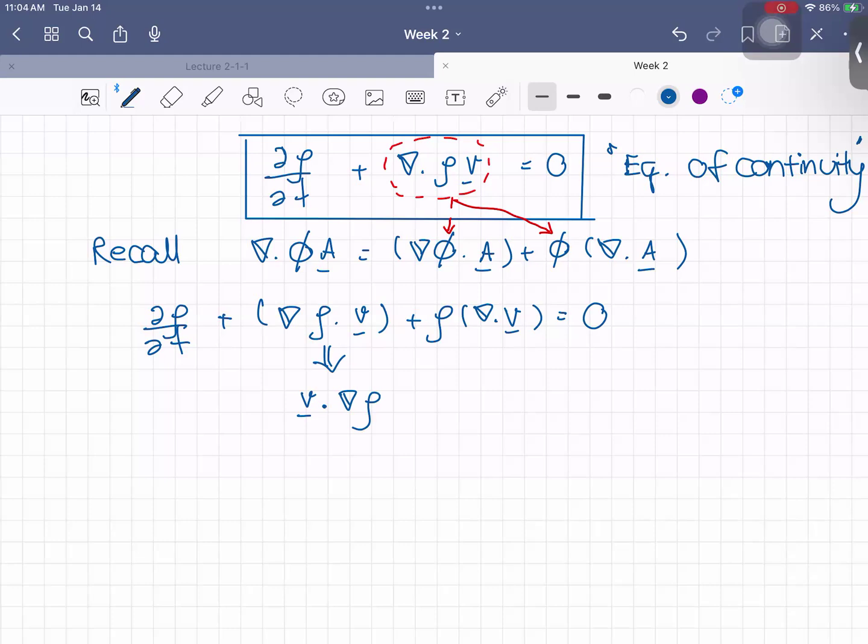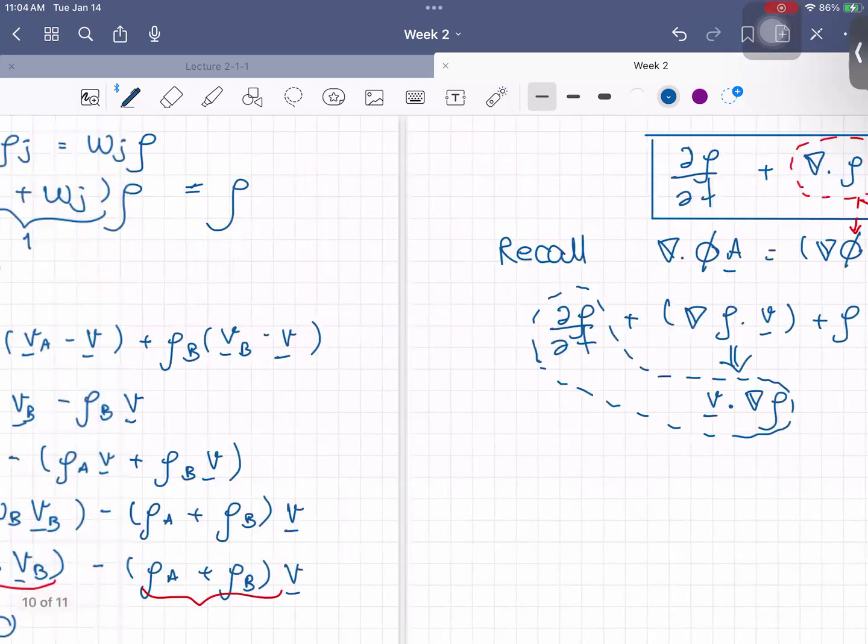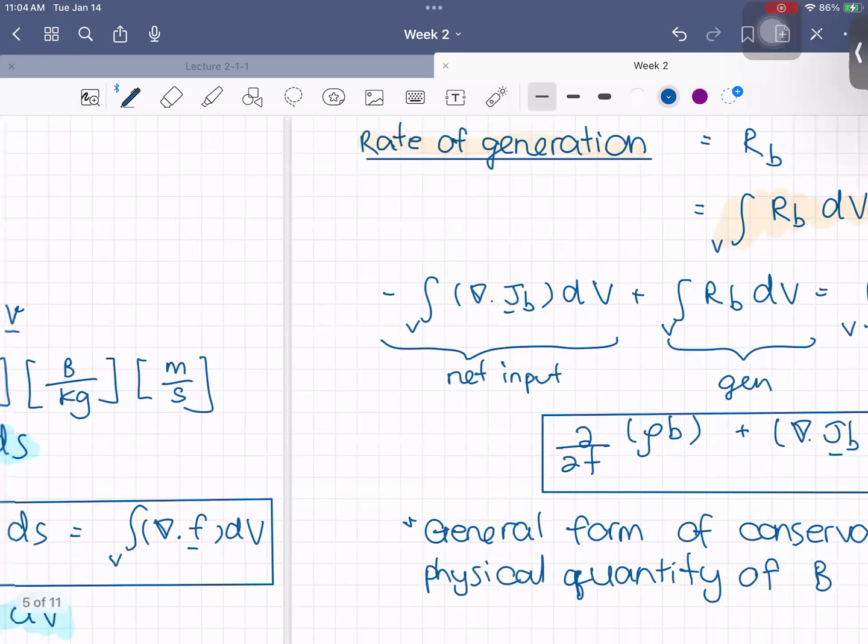Do you see anything familiar? dρ/dt + v·∇ρ. Let me go back to the previous slides.